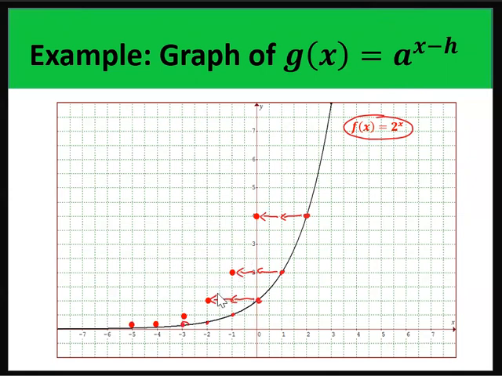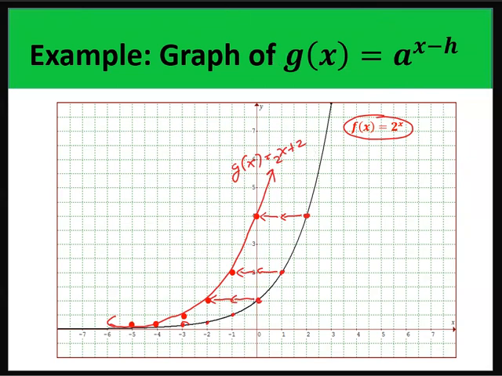So all these points here are the points of g of x equals 2 raised to x plus 2. So this is how you graph the exponential function 2 raised to x plus 2.